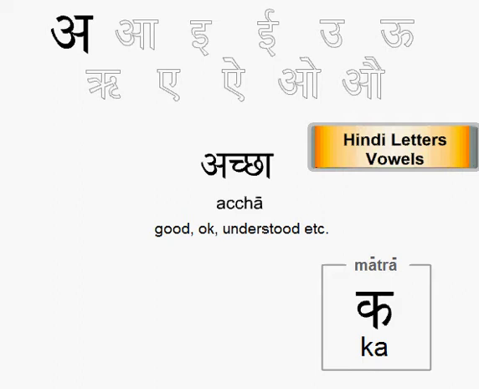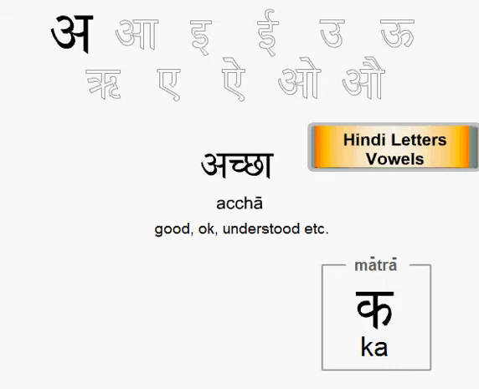Acha. It means good. If somebody asks you how you doing, you can say मैं अच्छा हूँ. So acha. It's a short a sound, and you don't open your mouth all the way, just like in the word alert. A is very short, and your jaw is a little bit closed.